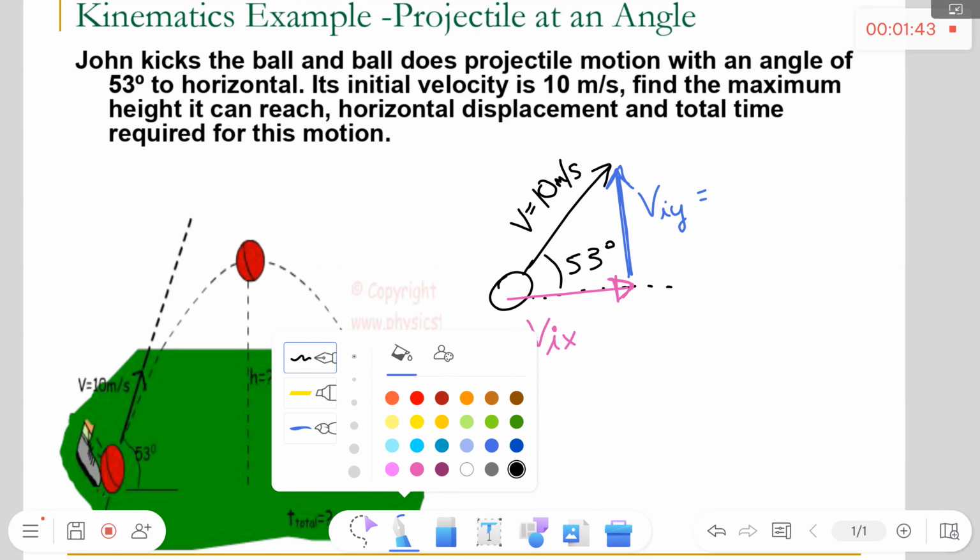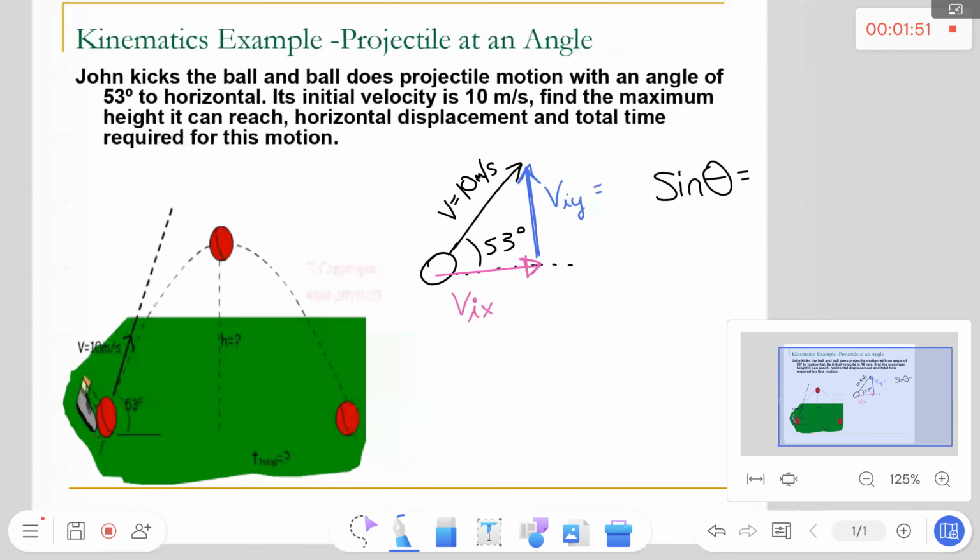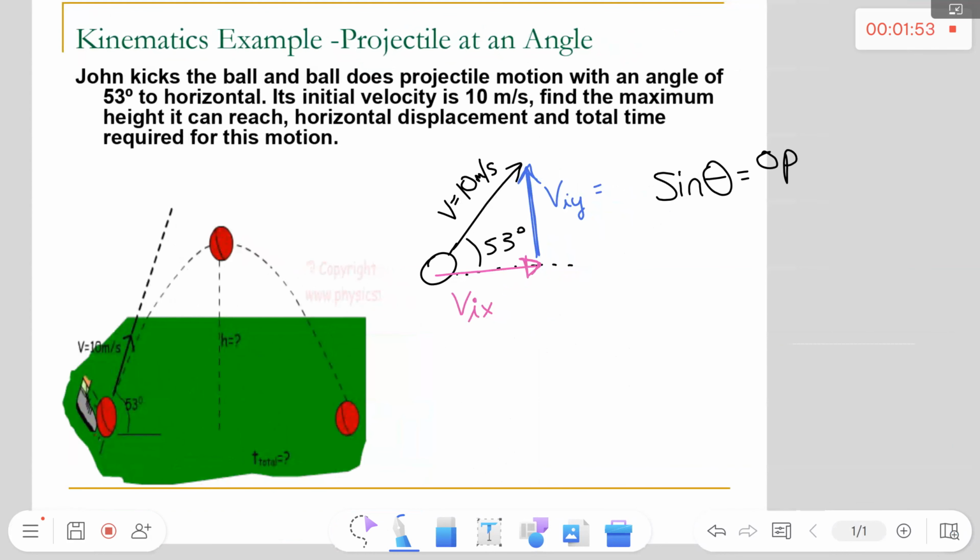So, sine of my angle is opposite over hypotenuse, SOHCAHTOA. Right. On your reference sheet, the Pythagorean theorem, and next to that is the SOHCAHTOA, your trig functions.